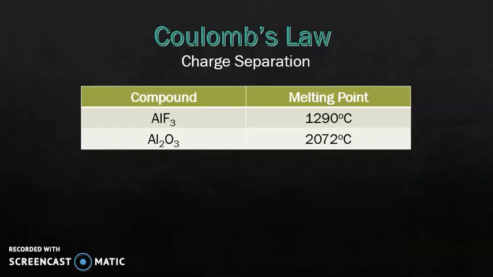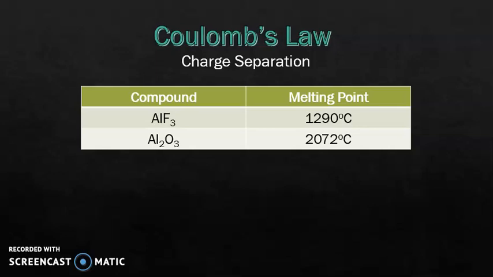Now let's take a look at this charge separation business. Again, 2 compounds are shown to you on the screen. I have aluminum fluoride and aluminum oxide, and their melting points are also shown to you. Now, fluorine and oxygen are in the same row of the periodic table, so they have approximately the same number of shells of electrons, and they're not really that different in size.